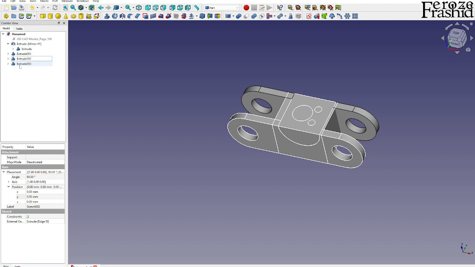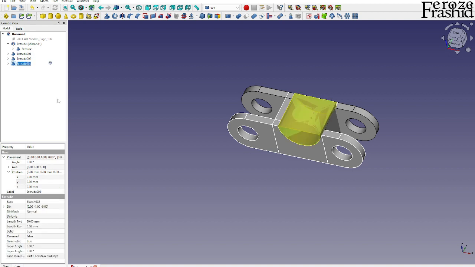Then, so we have, this is the delete part, and this is the square block we just built. So we want to keep the block, delete the part, and there it is.